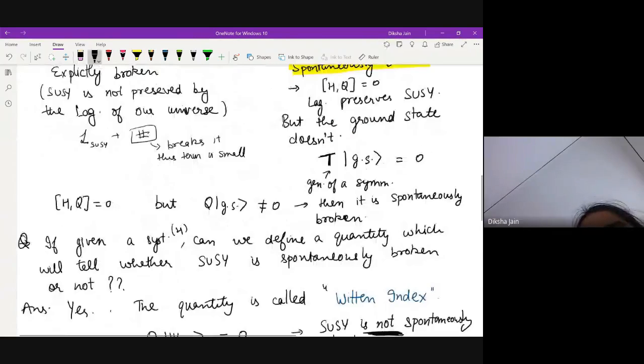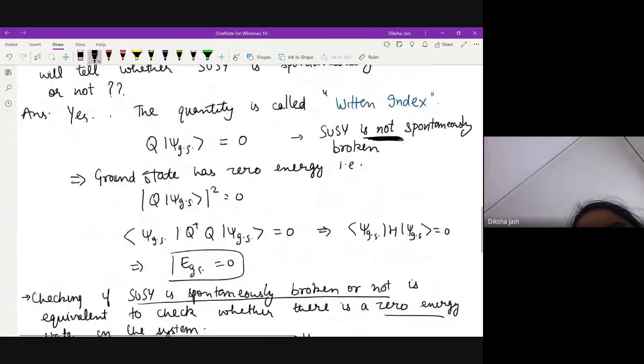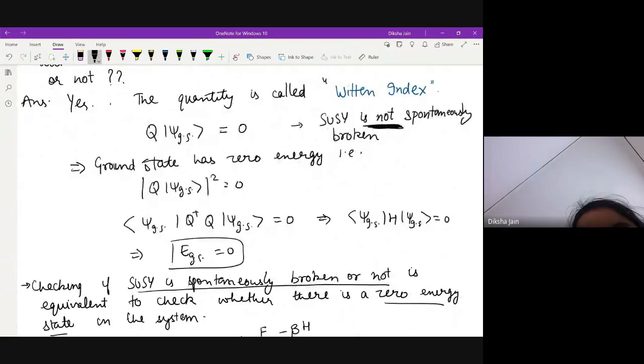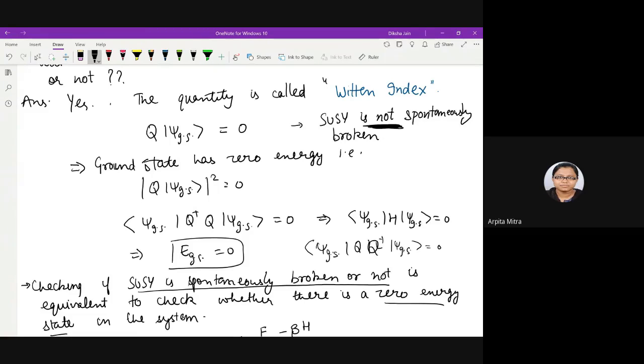No, it's equivalent in the sense that if this term is 0, then because both these states are the same state, ψ ground state and Q† ψ ground state, this term is also 0. So if this term is 0, then the sum is also 0. So I just skipped the step. This you can write as half of the Hamiltonian. Okay. Yeah.